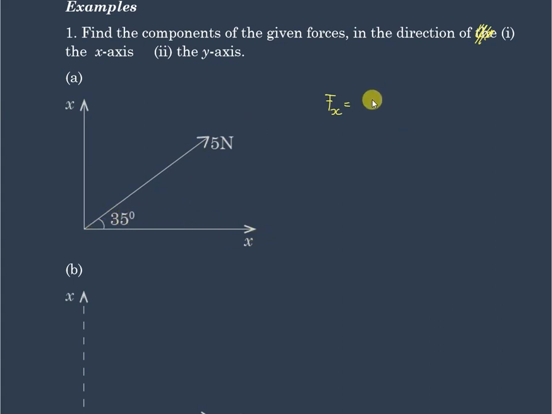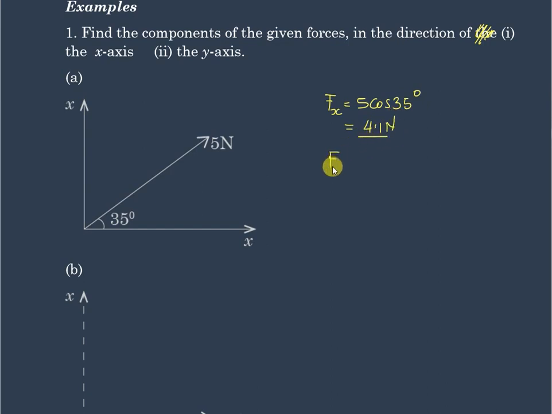So we have that the component of the force along the x-axis is 5 times the cosine of 35 degrees. And when you work out from your calculator, you are going to get this one as 4.1 newtons.